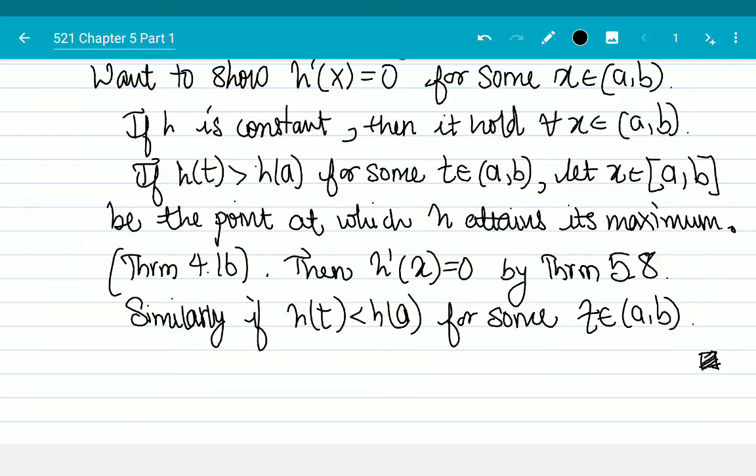Okay, this is called the generalized mean value theorem, and now we will get to what is classically famously called the mean value theorem.